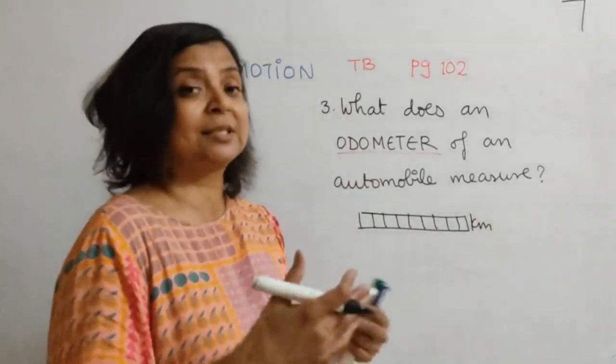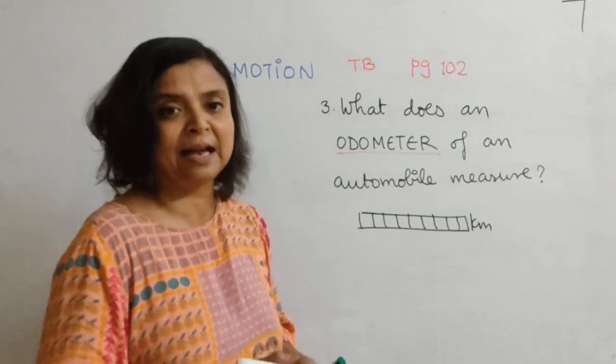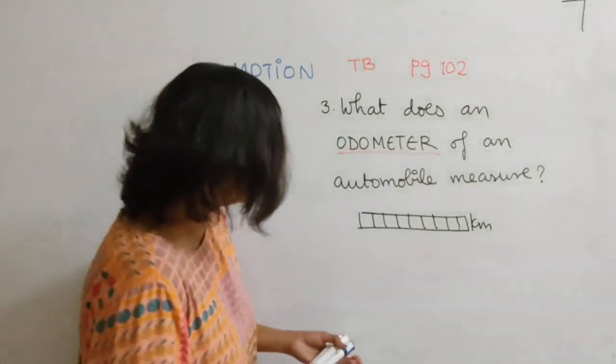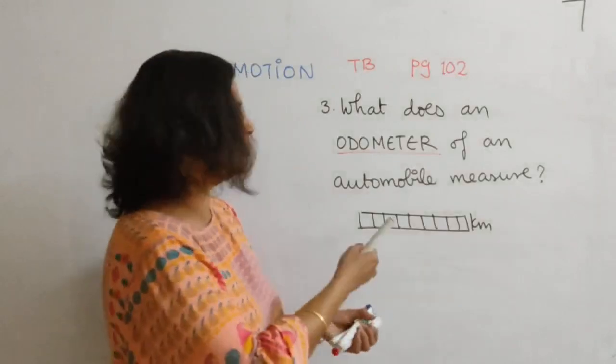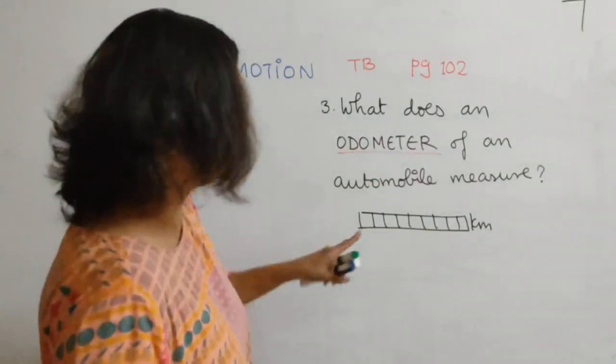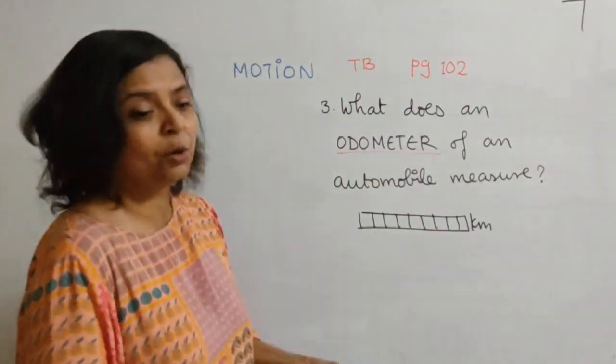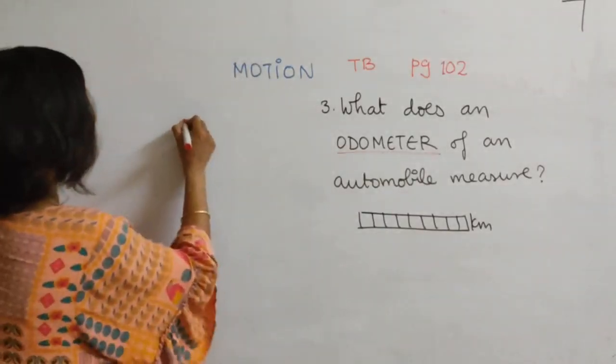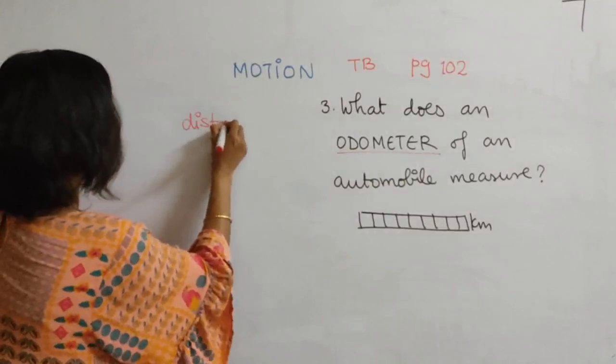And when you try to sell it or purchase a second hand, you must have heard elders, grown-ups often discussing how much has it traveled. That's exactly what the odometer measures. So the odometer measures the total distance, the distance traveled.